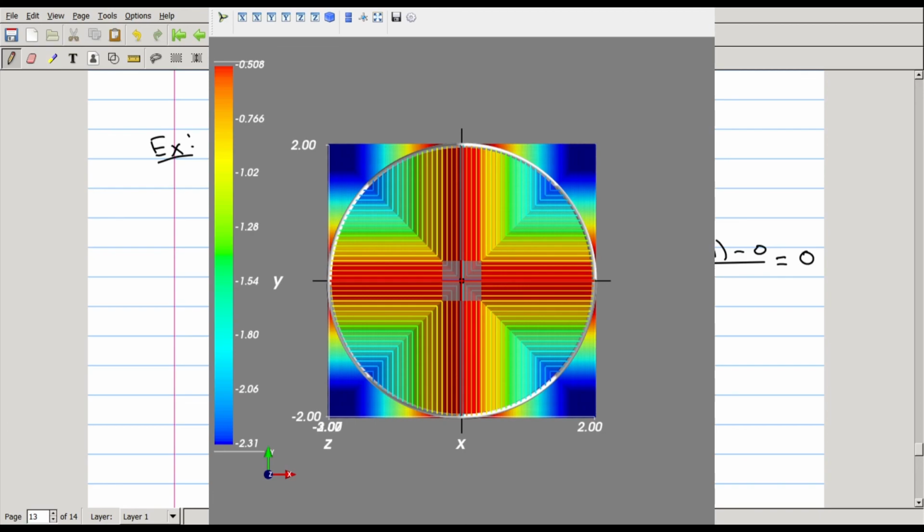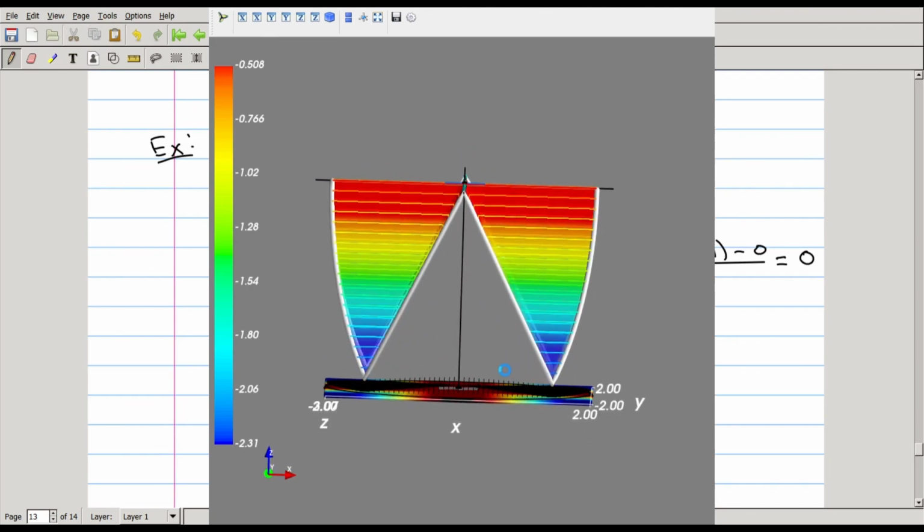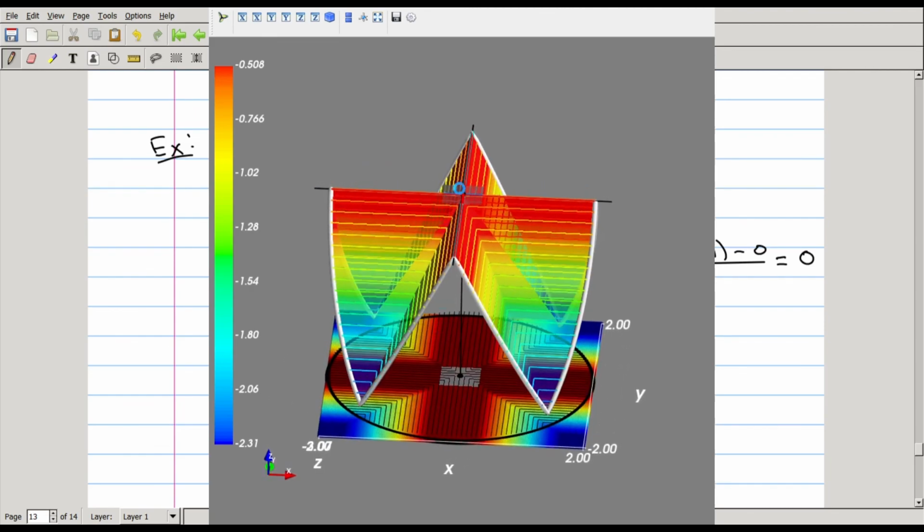So if we open up a plot of this function, we can see why it's called the roof function. If I rotate it, you can see very clearly that this function is continuous. There are no discontinuities.